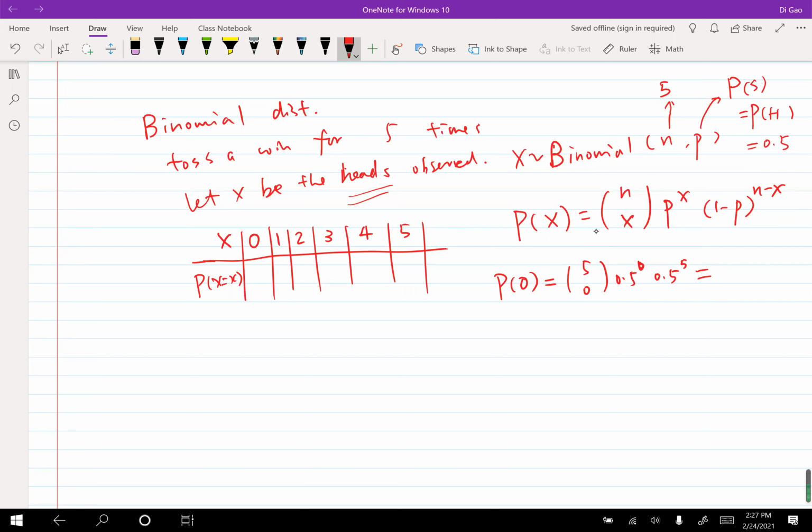So 1 times 1 times this power, and we can use our calculator to calculate 0.5 to the 5th power. That is 0.03125.